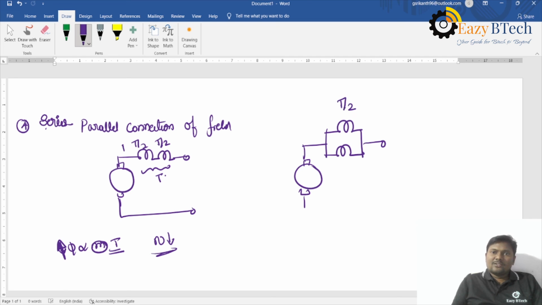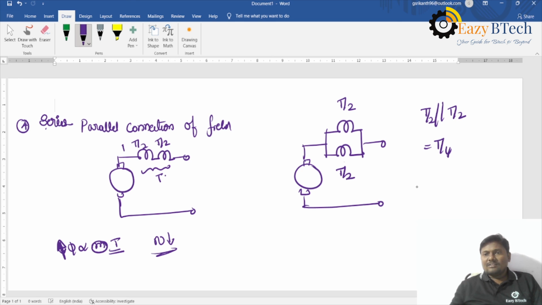This is T by 2 and T by 2. If these two are connected in parallel, T by 2 parallel with T by 2 gives T by 4, then flux is directly proportional to T by 4. The flux will be one fourth.